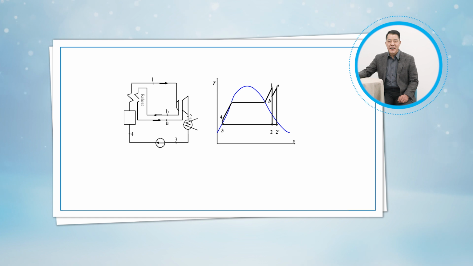The ideal reheat Rankine cycle differs from the simple ideal Rankine cycle in that the expansion process takes place in two stages. In the first stage, steam is expanded isentropically to an intermediate pressure and sent back to the boiler, where it is reheated at constant pressure, usually to the inlet temperature at the first turbine stage.